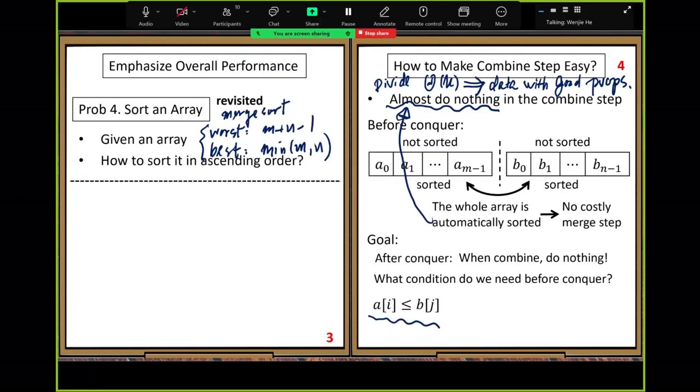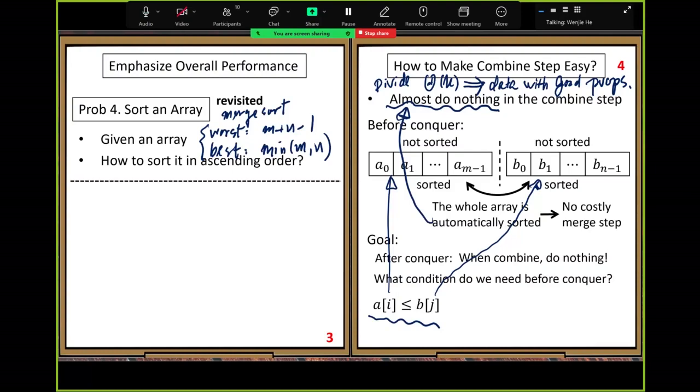This means any element in the first subarray should be less than or equal to any element in the second subarray. That's the main property. Or you can understand it this way: the maximum of the first subarray is less than or equal to the minimum of the second subarray.